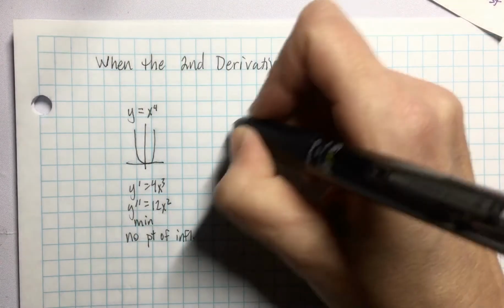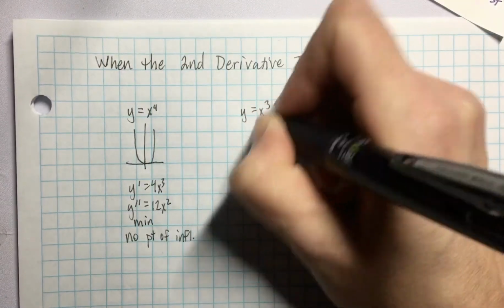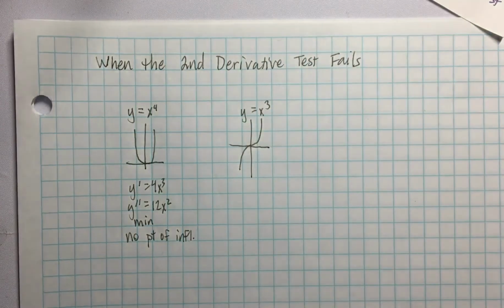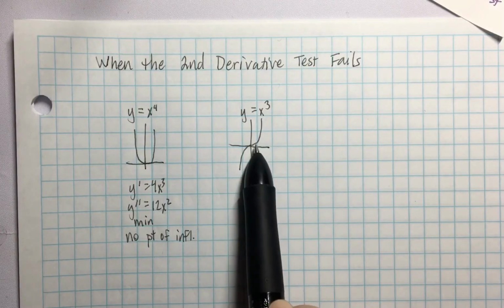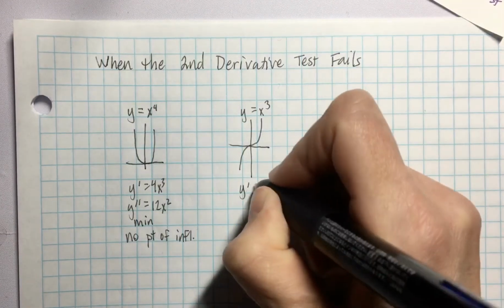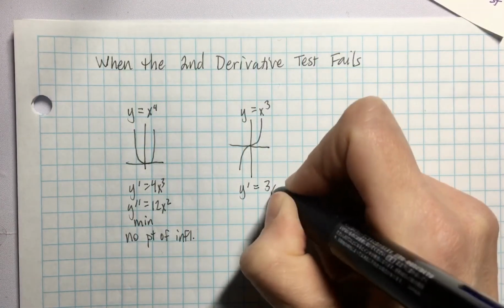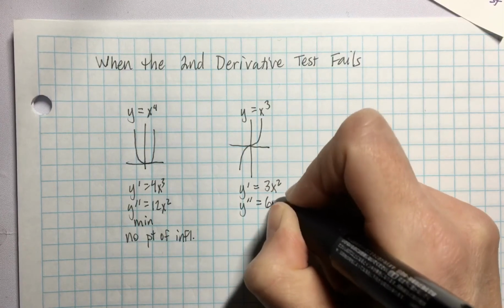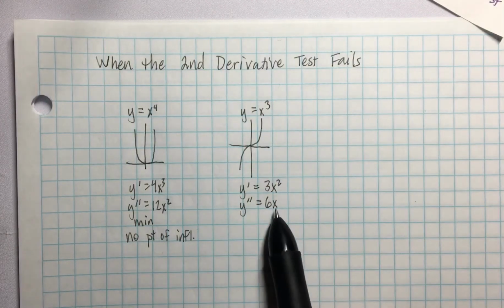But if we look at, say, y equals x cubed, another graph we're familiar with, just looking at it, we know it's actually flat at the origin. But we can see there's a point of inflection there. So if we look at y prime equals 3x squared and y double prime is 6x.